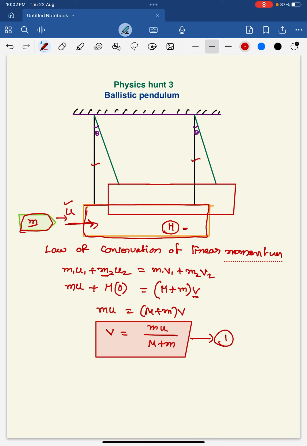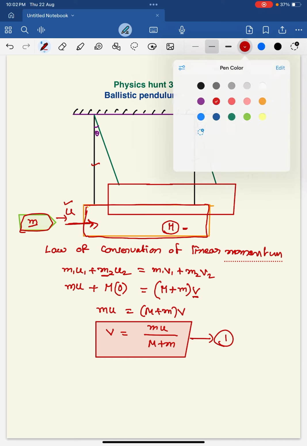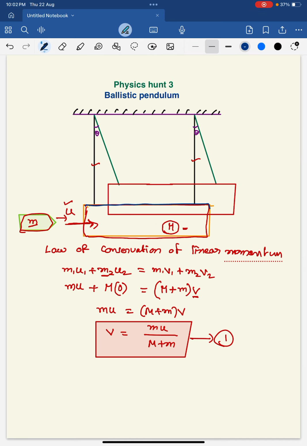Look at the diagram carefully. Initially the block is at rest at this location. Whenever a bullet hits the wooden block, the bullet enters into the block, so the block acquires kinetic energy, correct or not? Due to that kinetic energy, this block moves up to here and makes an angle theta with respect to the vertical line. Both the wooden block and bullet have kinetic energy.